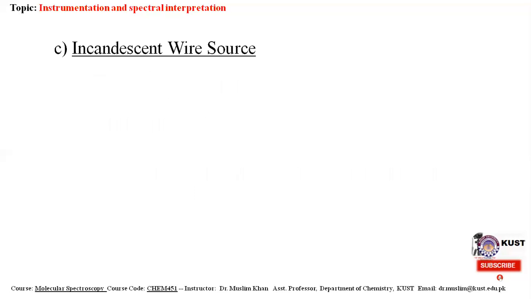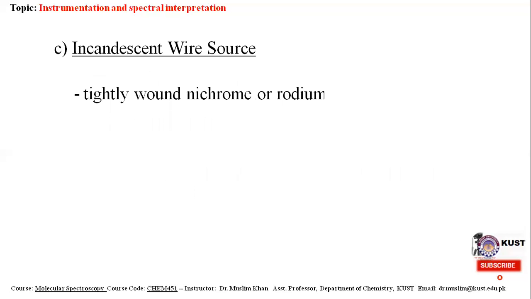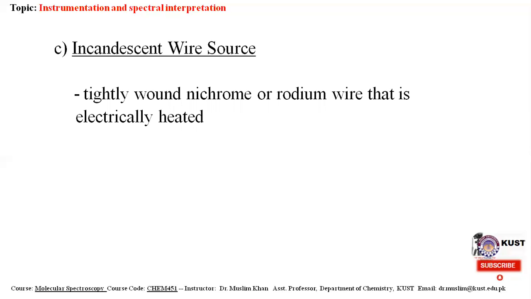The third one is the incandescent wire source. This is a tightly wound nichrome or rhodium wire, instead of rare earth metal oxides or silicon carbide, that is electrically heated.